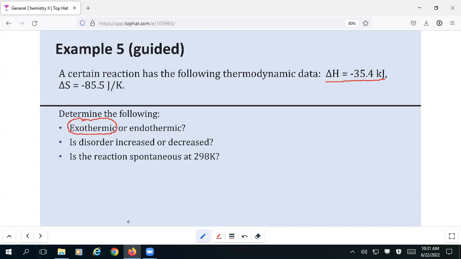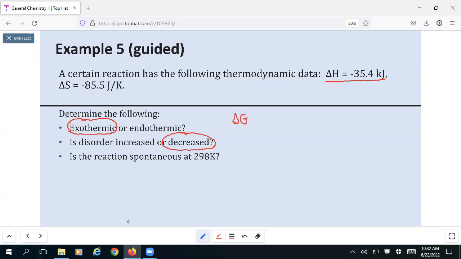So is entropy going up or going down? It's definitely going down. We've got a negative value here. So disorder is decreasing in this process. So since both values are negative, we know that we have a temperature dependent situation here. So to answer this last question, we're going to have to do the calculation.